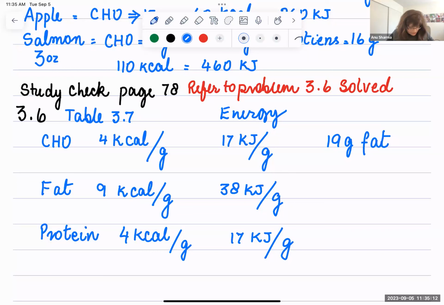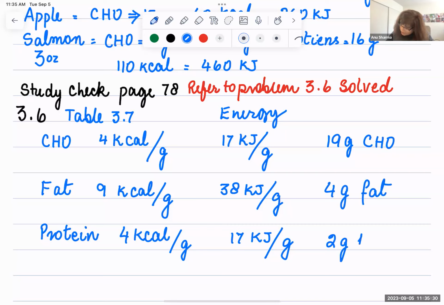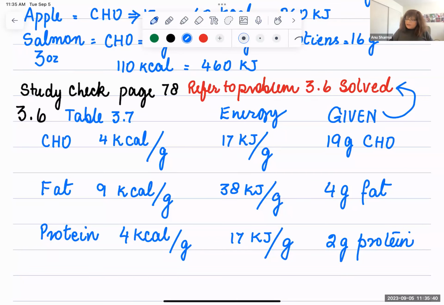We are given 19 grams of carbohydrate, 4 grams of fat, and 2 grams of protein. This is given in the solved problem, and this question is in continuation of that.